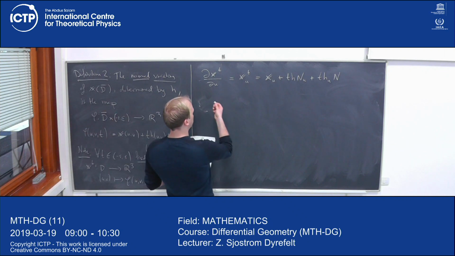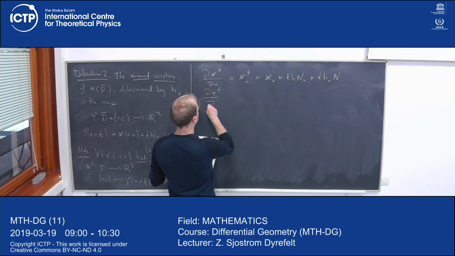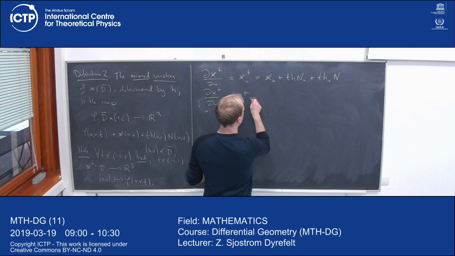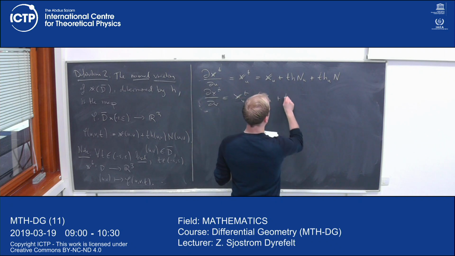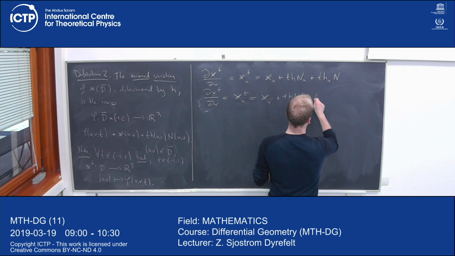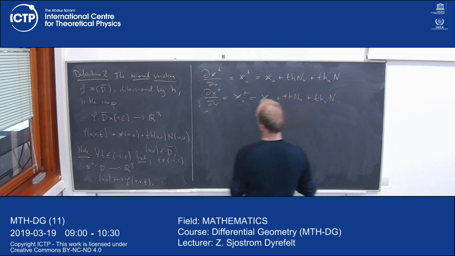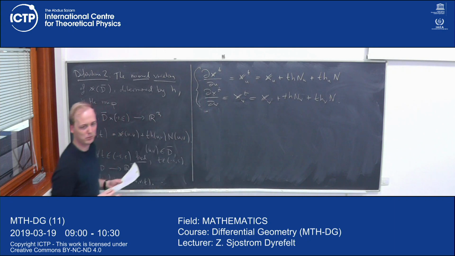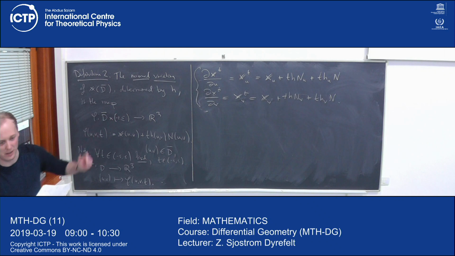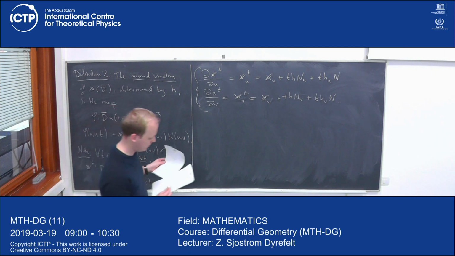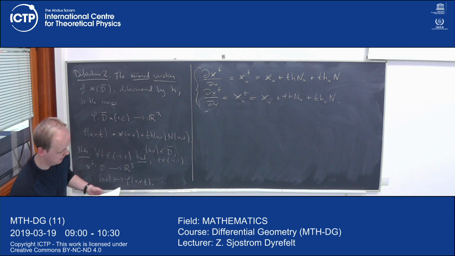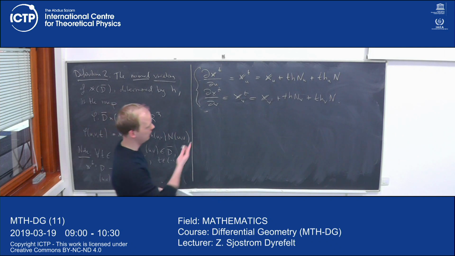The same thing here, so partial x_t partial v, which is x_tv, is equal to x_v plus t h n_v plus t h_v n. So you get these two equations. You get this whole family of surfaces satisfying these two equations. And now we are already on our way to being able to compute the fundamental forms.